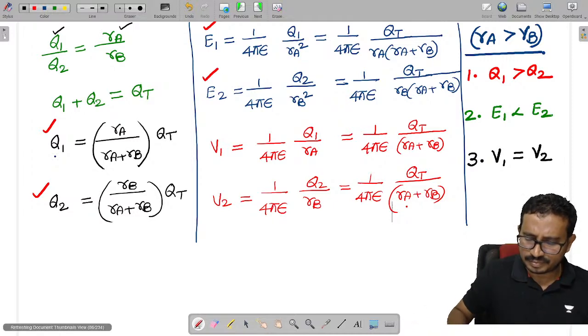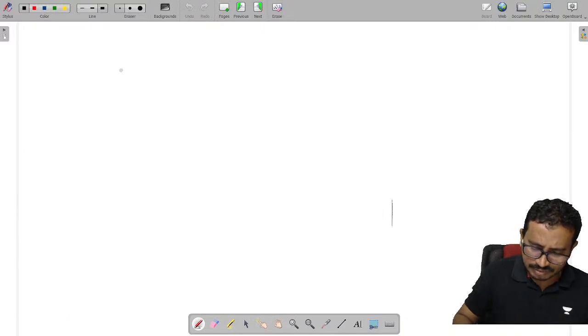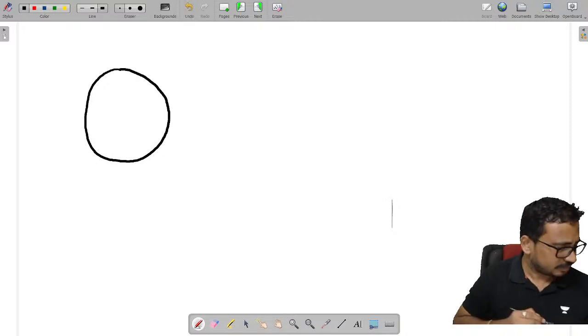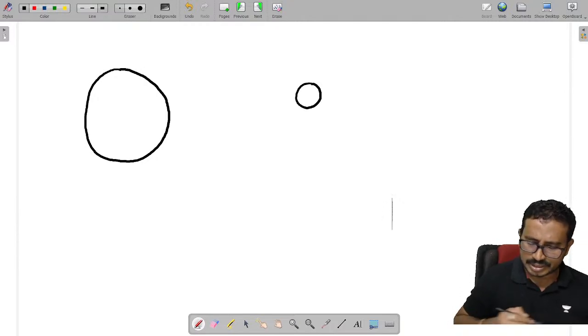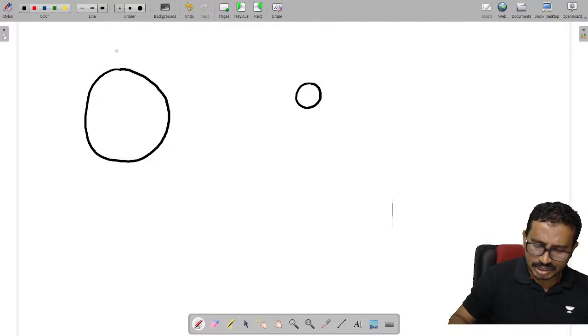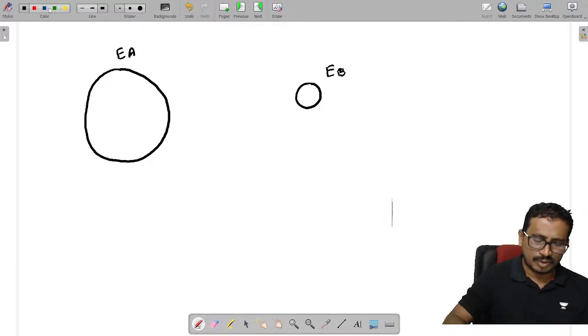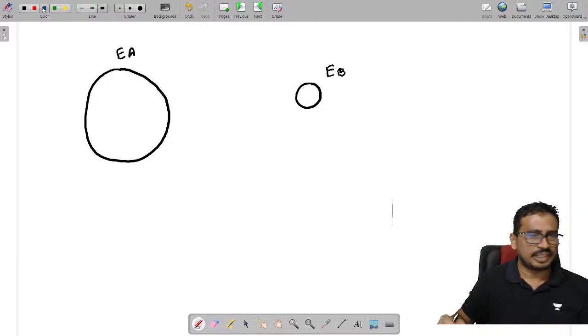Now let's consider a situation like this. Let us consider here, this has an electric field which I am calling E1, and this electric field is E2. Tell me, whose electric field is high, E1 or E2?